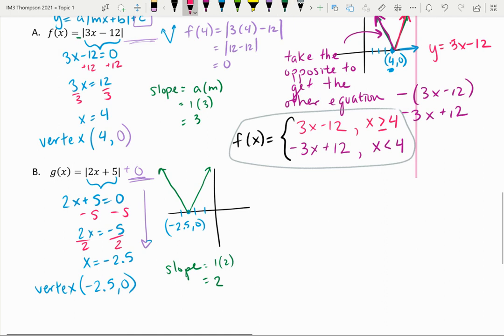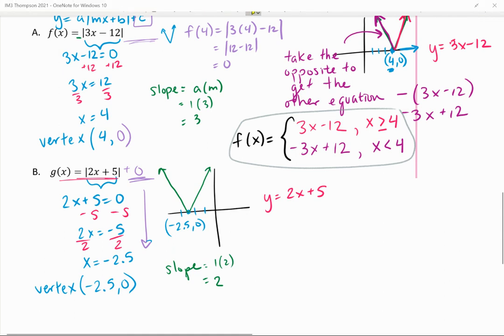Okay. I know one of the equations is 2x plus 5. So just drop the absolute value of the original function. Which one is that, though? Let's see, this is a positive slope with an intercept of 5. Okay. So is it the part of the equation on the right side of this or on the left side of this?